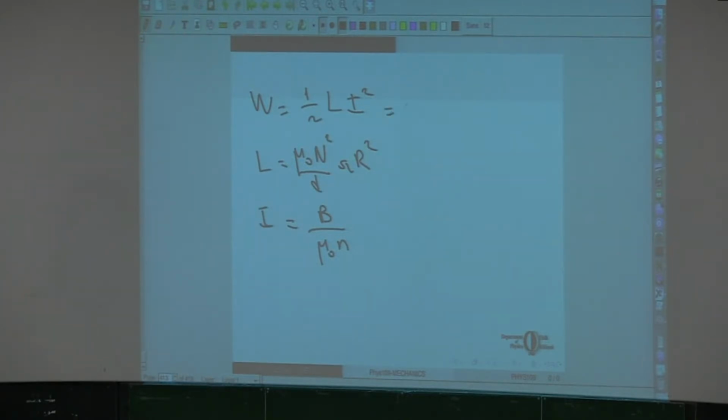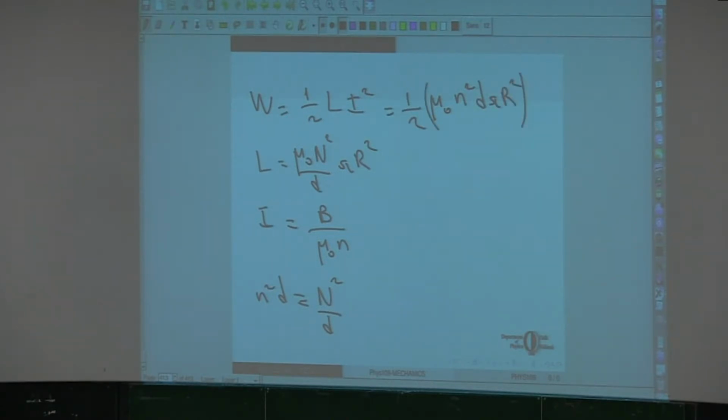This is equal to 1/2 mu0 n squared d, where n squared d is large N squared over d. Now this small n is nothing but large N over d. That's what I'm using. Times pi r squared.